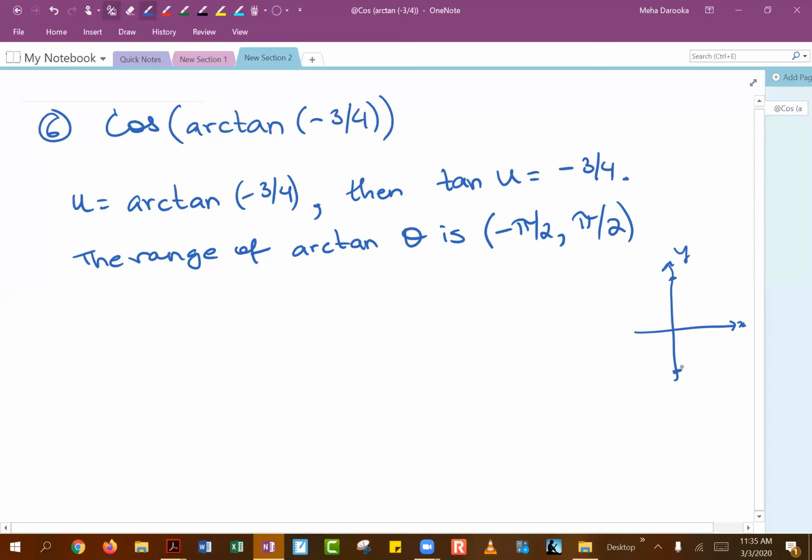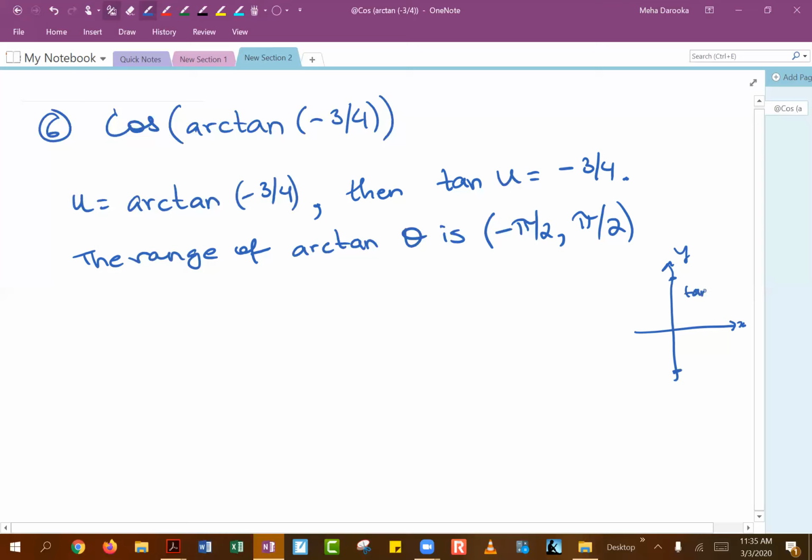And if tangent of u is a negative value, what quadrant are you going to be in? Yeah, because in quadrant 1, both sine and cosine are positive, which means tangent will also be positive in the first quadrant. In the fourth quadrant, sine is negative, so that's what's going to make your tangent a negative function, because cosine would still be positive, right?